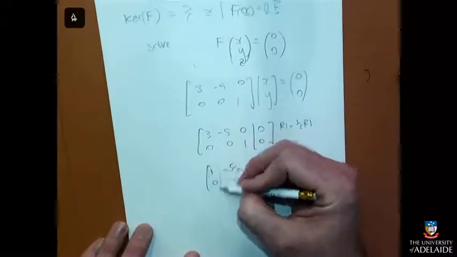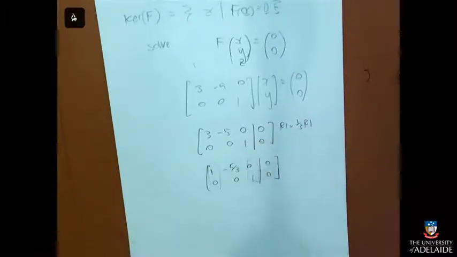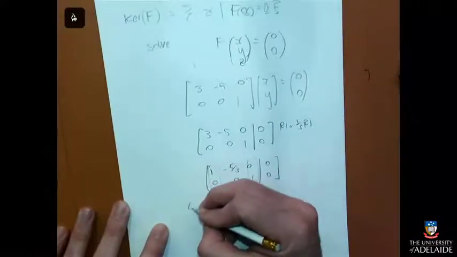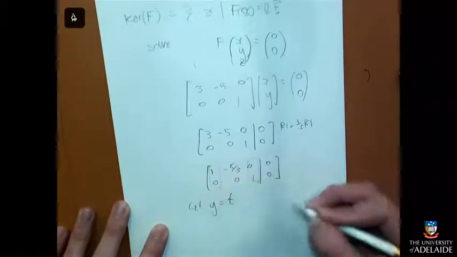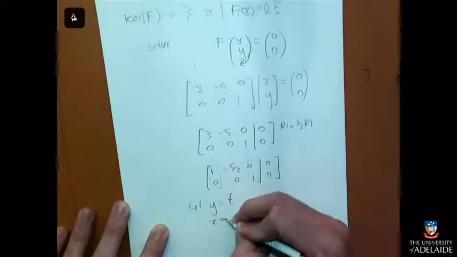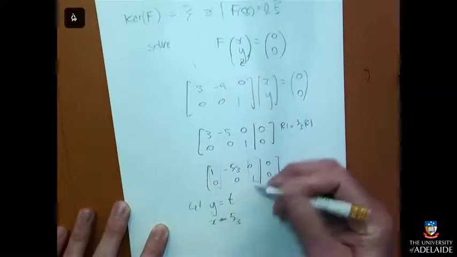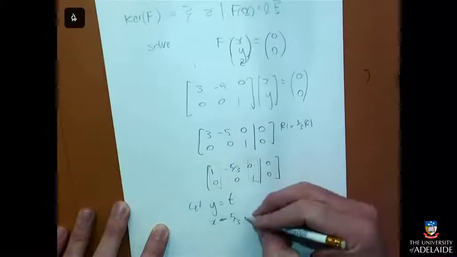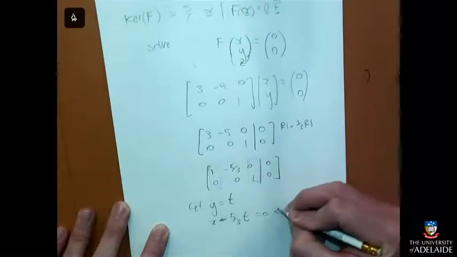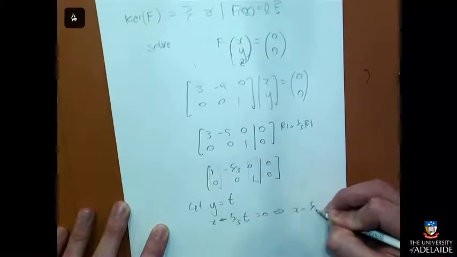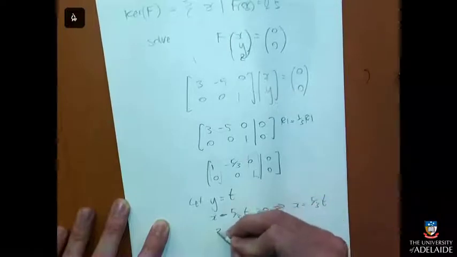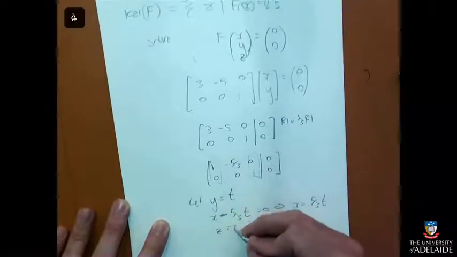So I've got a pivot here and a pivot here. They're my identity matrix columns. And so I can let y be free, then x minus 5/3 of y, because of this bit here, is 0. So x is 5/3 of t, and z is 0 according to this.